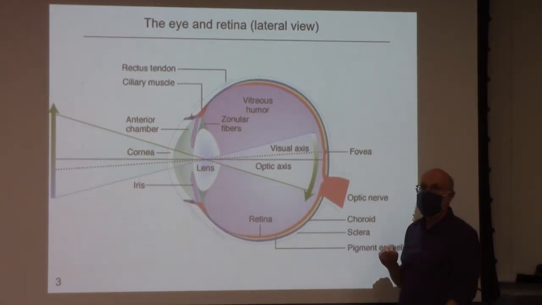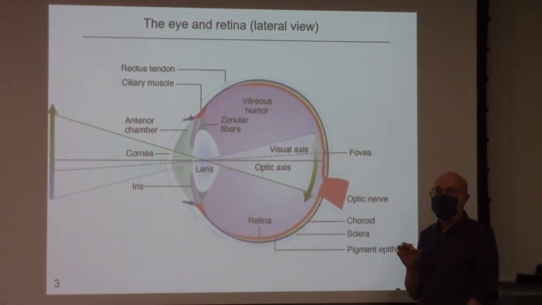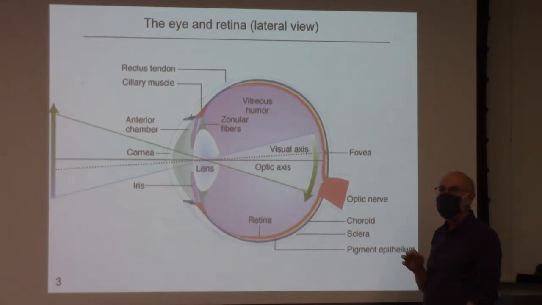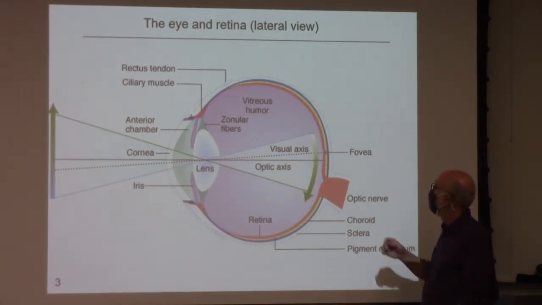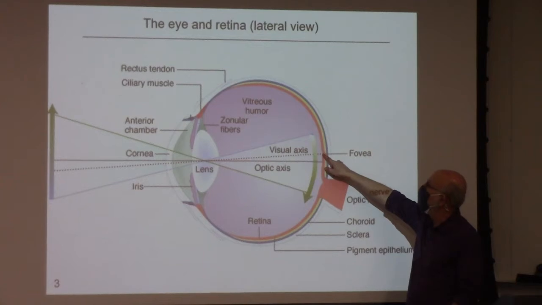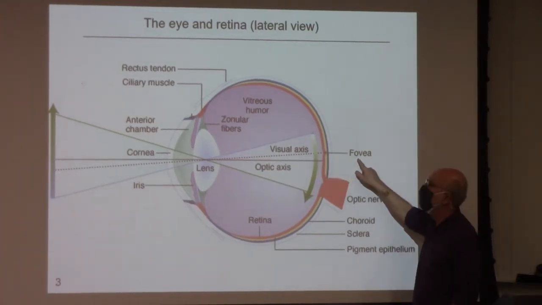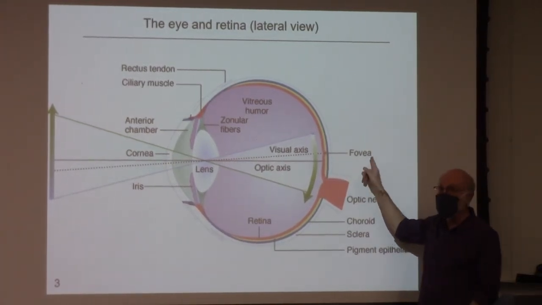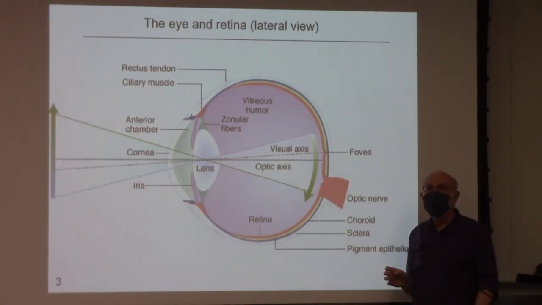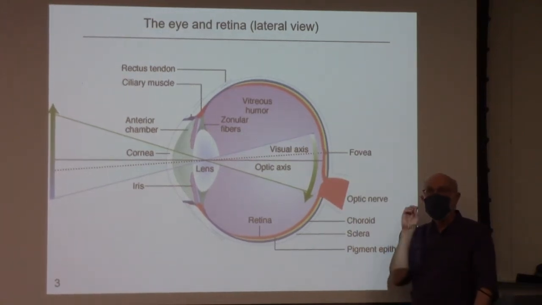The retina has some specific spots, anatomical locations that I do want you to know. There is the fovea. The fovea is a specific part of the retina that is specialized for high acuity vision.